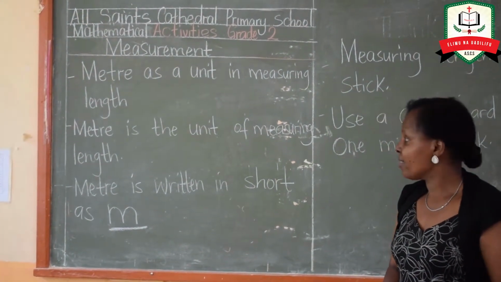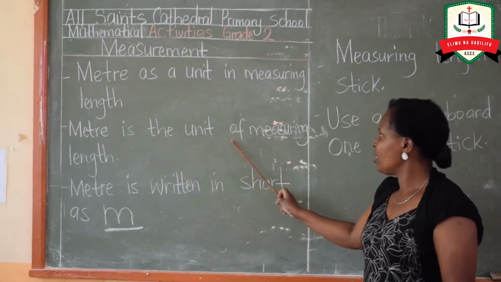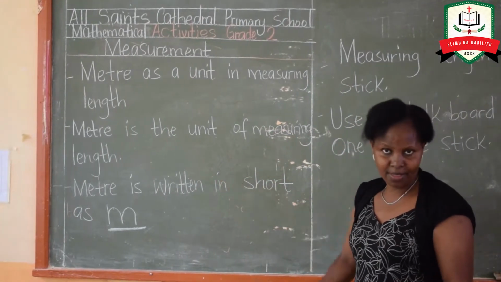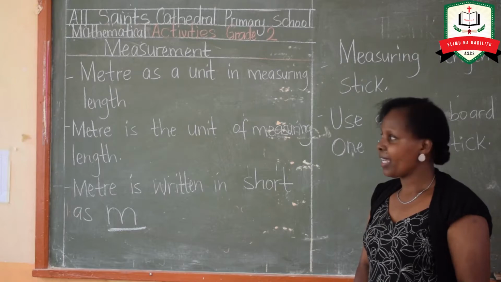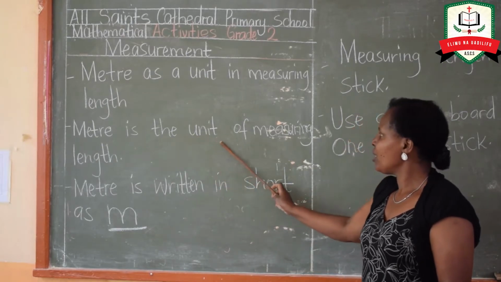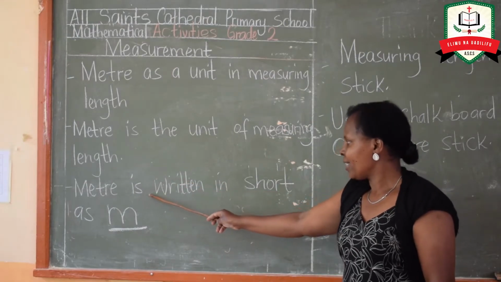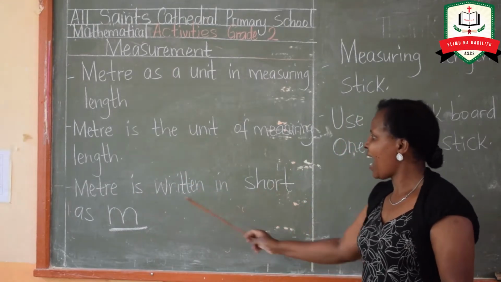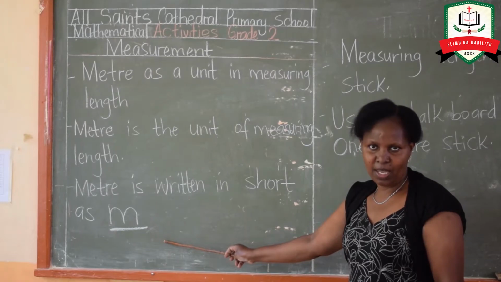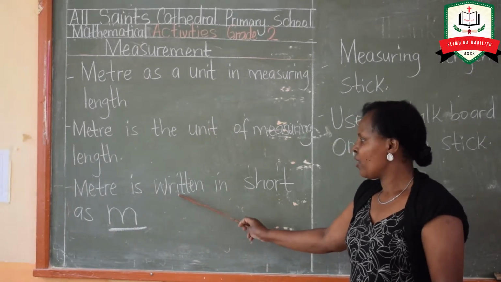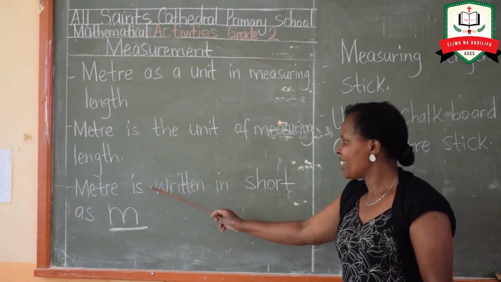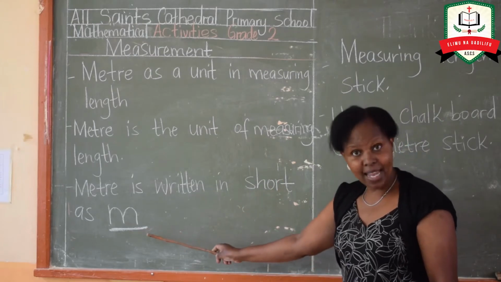Now, boys and girls, meter is the unit of measuring length. I repeat again, meter is the unit of measuring length. Meter is written in short as m. So in mathematics, you have to discover that meter is written in short form as m.